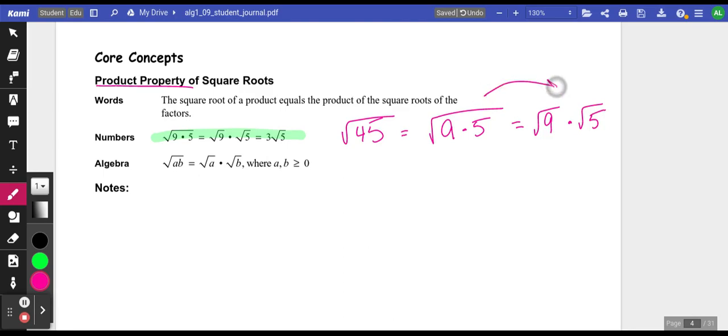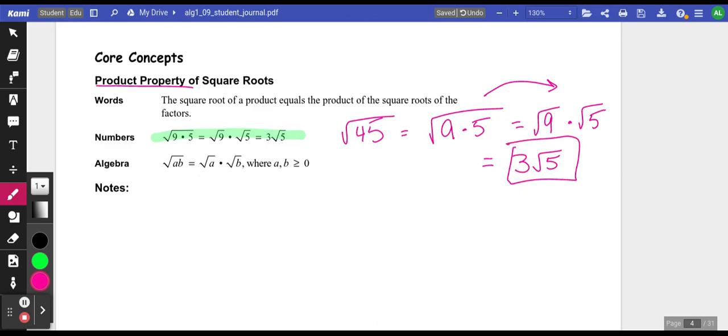It's that step right there where we're saying, okay, well, if I have a number, I can break it into 2 factors. Right here, I broke it into 9 and 5. Well, then I can separate it out. I can say, well, then that's the same thing as the square root of 9 times the square root of 5, which I can simplify a little bit more. I know the square root of 9 is 3. So I've got 3 square root 5 there.